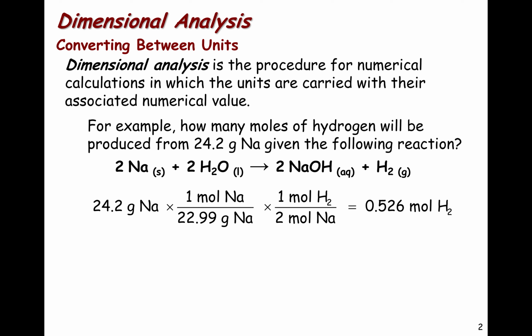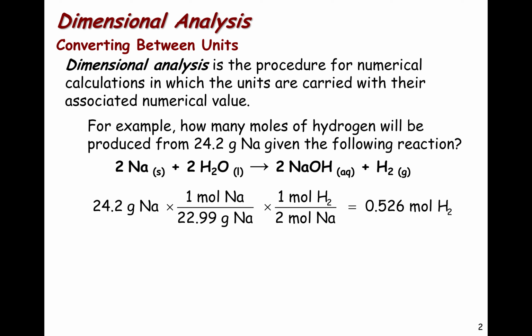And so for every 1 mole of sodium, there is 22.99 grams of sodium. We then, in this case, need a second conversion to go from the moles of sodium to the moles of hydrogen. And then ultimately we would arrive at our answer.